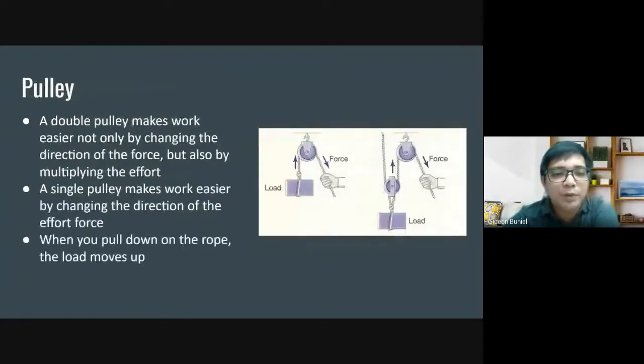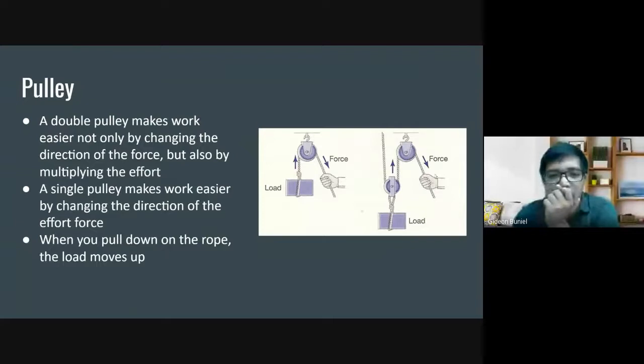A double pulley makes work easier not only by changing the direction of the force, but also by multiplying the effort. A single pulley makes work easier by changing the direction of the effort force. When you pull down on the rope, the load moves up. So this is the single pulley system.